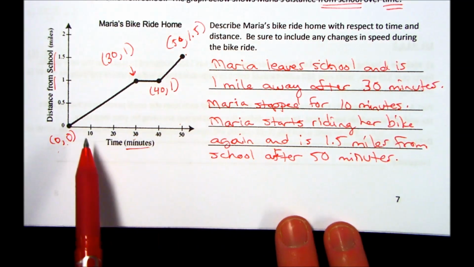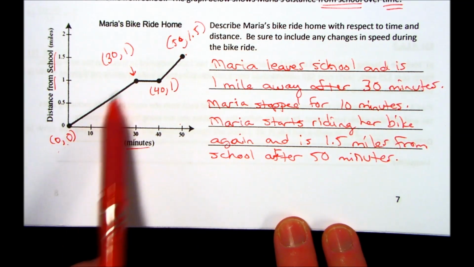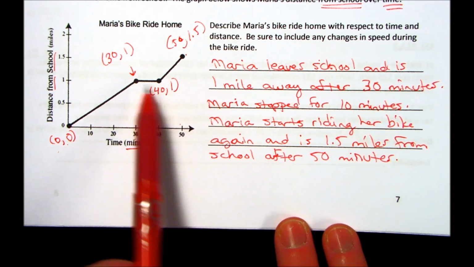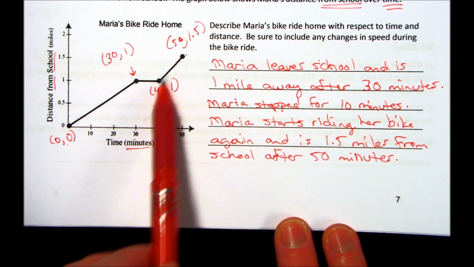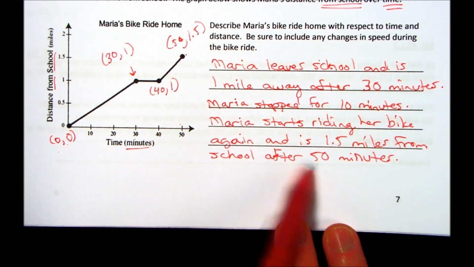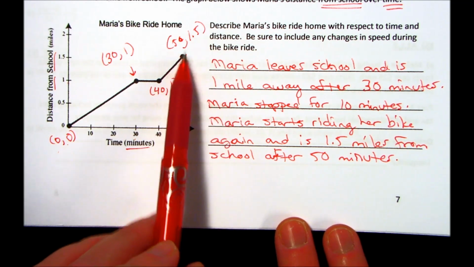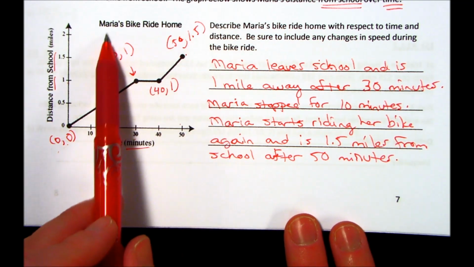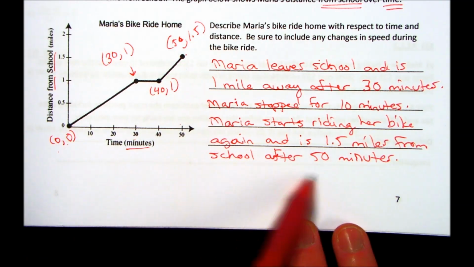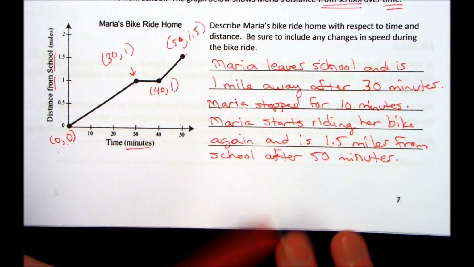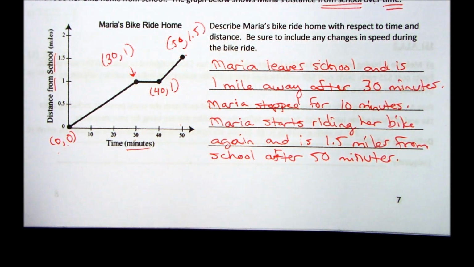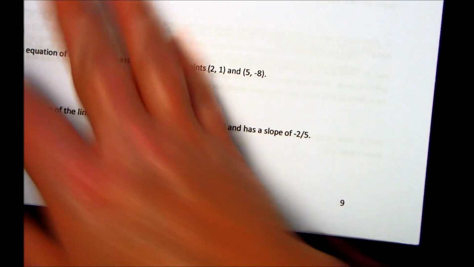Again, it shows that we understand that she's riding her bike, she gets 1 mile away after 30 minutes, she stops for 10 minutes, and then she starts riding her bike again, and she's now 1.5 miles away from school after 50 minutes. So we could maybe guess that she was at home, because it says Maria's bike ride home, so we could probably say that she made it home after 50 minutes, and home was 1.5 miles away. Something to that effect. All right, moving on.